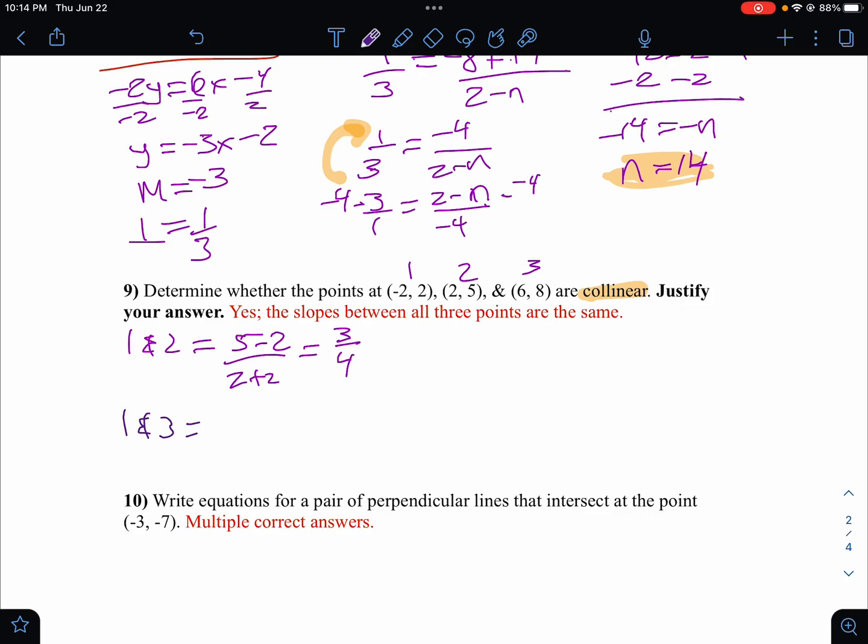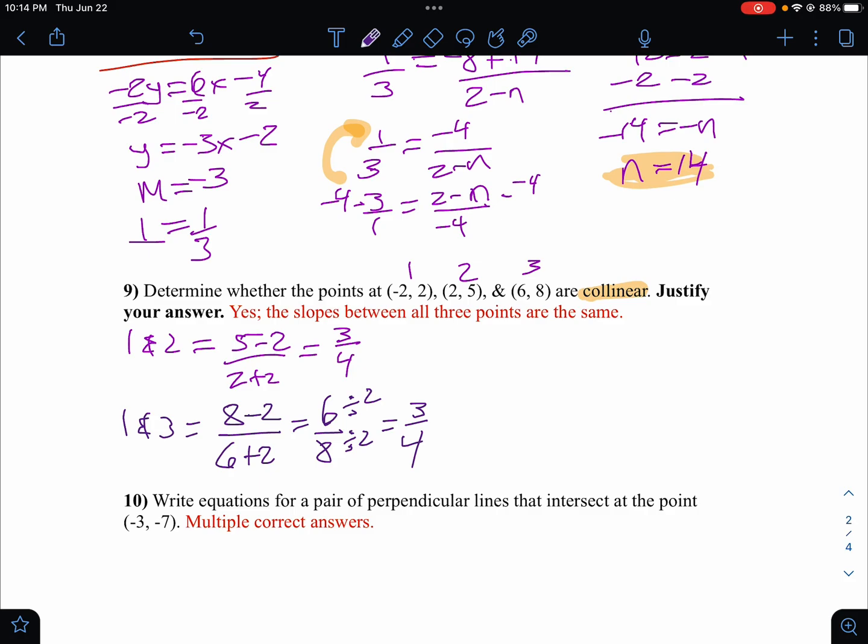Now let's do 1 and 3. So then we'll get 8 minus 2 all over 6 minus a negative 2, or 6 plus 2. So 8 minus 2 is 6, and 6 plus 2 is 8. And I can divide that by 2, and we get 3/4. And 3/4 is the same.